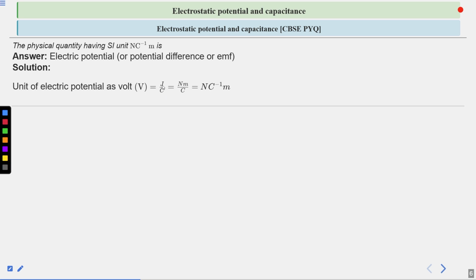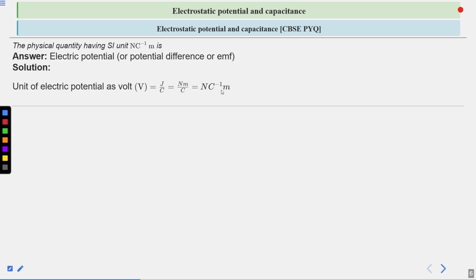What is joule? Work is equal to force into displacement, so the unit of work is joule, which can also be represented as Newton meter. So Newton meter upon coulomb gives us Newton per coulomb meter.